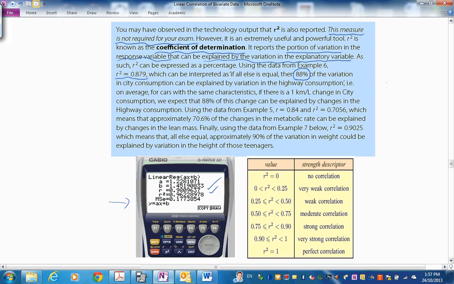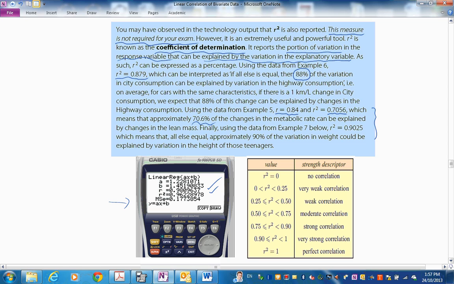Okay, what about example 5 here? Metabolic rate, r was 0.84. When you square it, it goes right down to 0.7. We would say about 70.6% of the changes in metabolic rate can be explained by changes in the lean mass. Okay, so there's another significant factor in there apart from just the lean mass change.